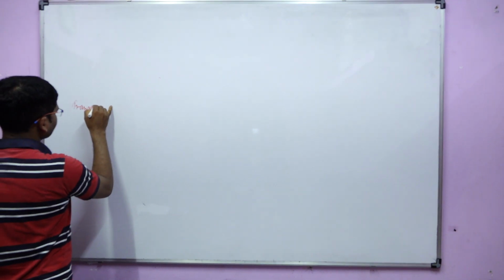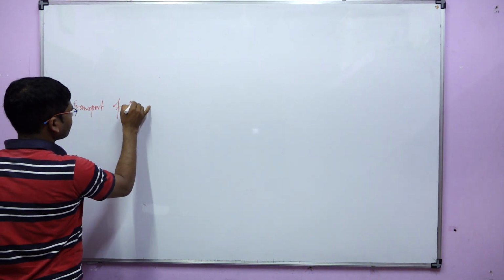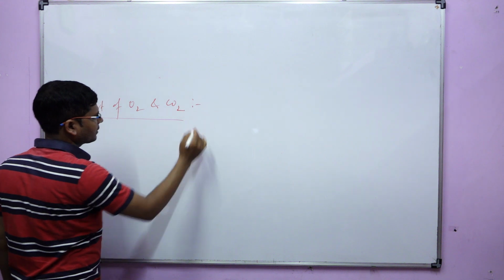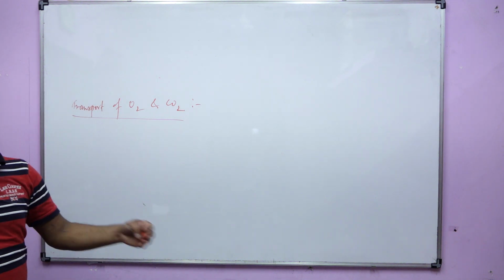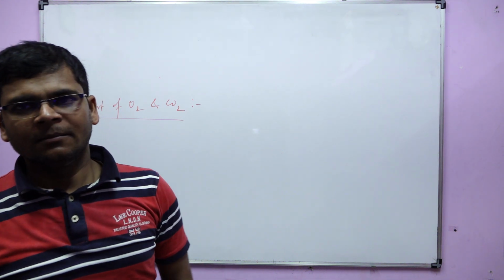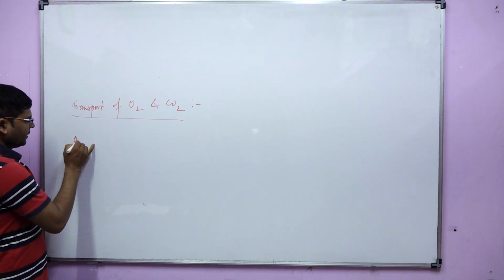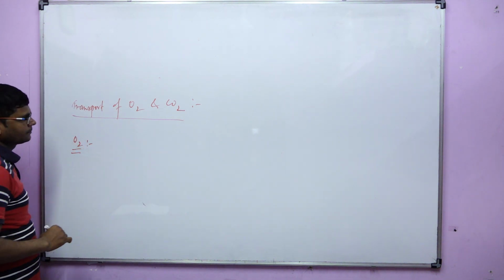Basic transport of oxygen and carbon dioxide. Very briefly we will talk, because this is not the part of this chapter entirely, but since we are talking about exchange of gases, so how it goes on. For example, we will take oxygen.